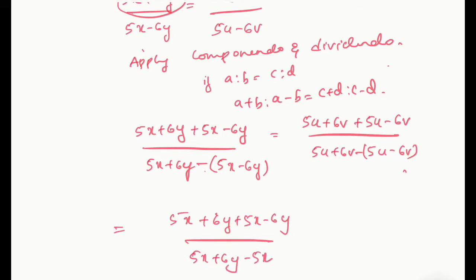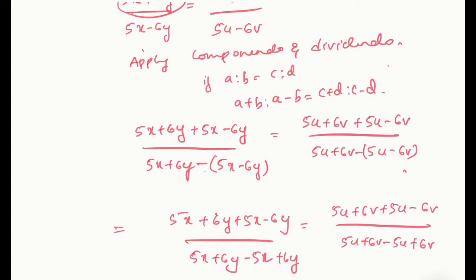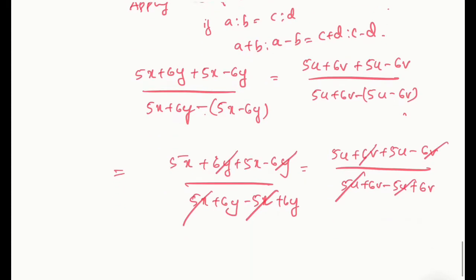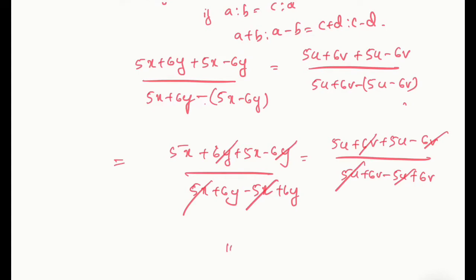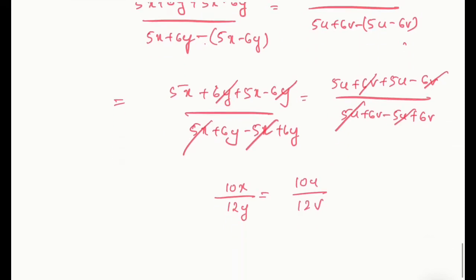Taking out the bracket, minus into minus gives plus 6y. You get it like this. Now we can cancel: 6y and 6y, 5x and 5x, again 6v and 6v, 5u and 5u. What is left out? 5 plus 5, 10x by 12y equal to 10u by 12v.